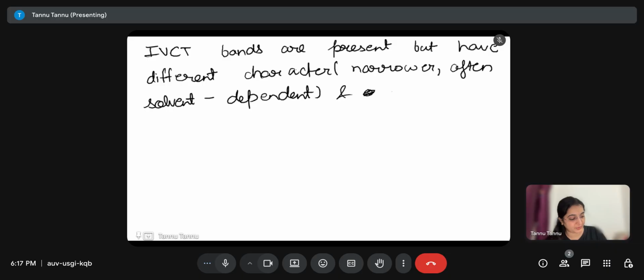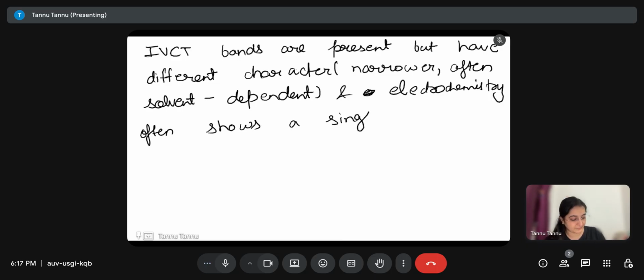And electrochemistry often shows a single average redox wave.